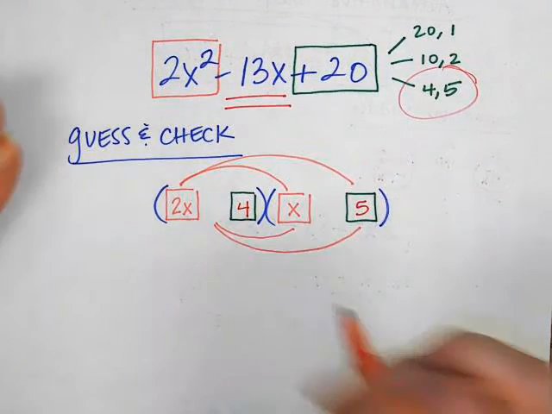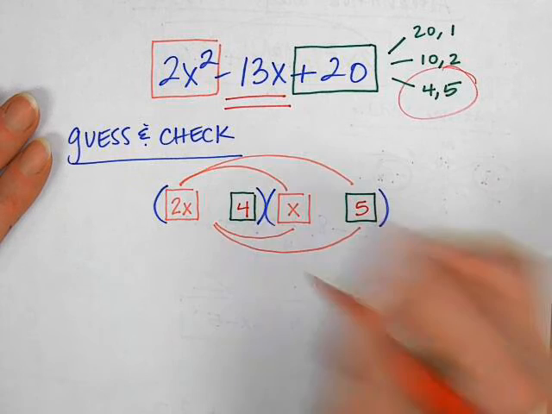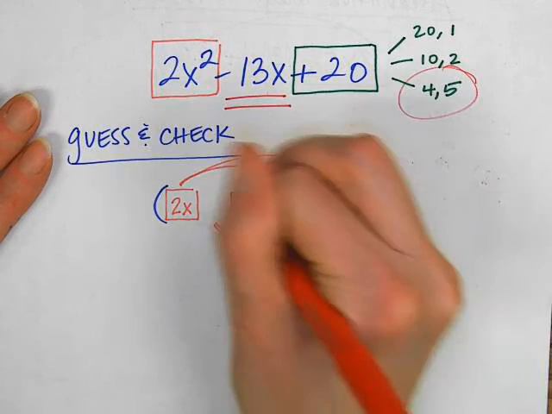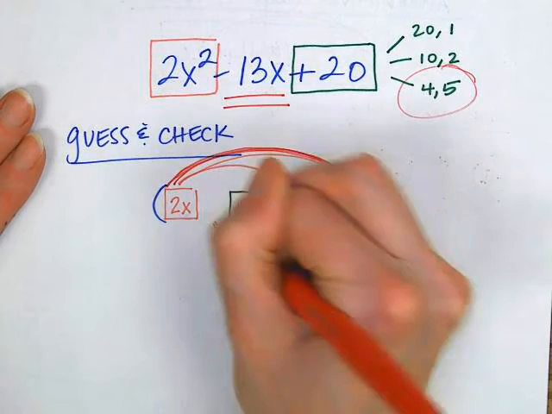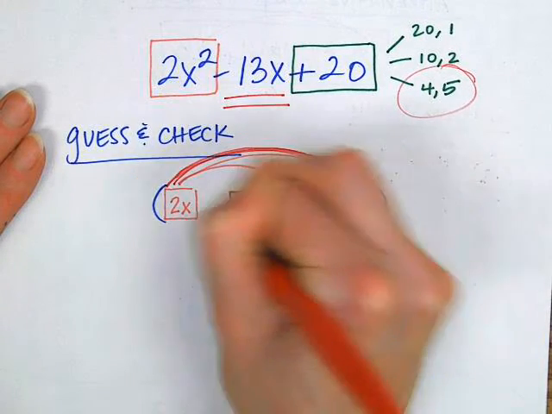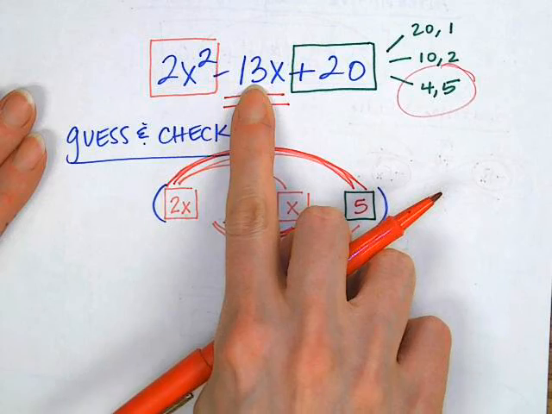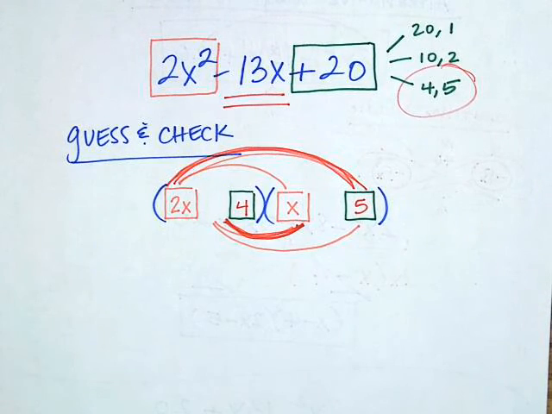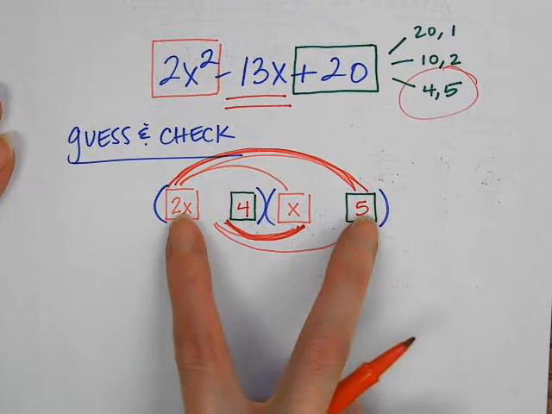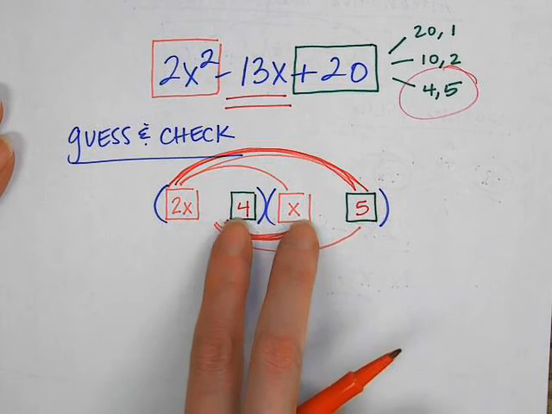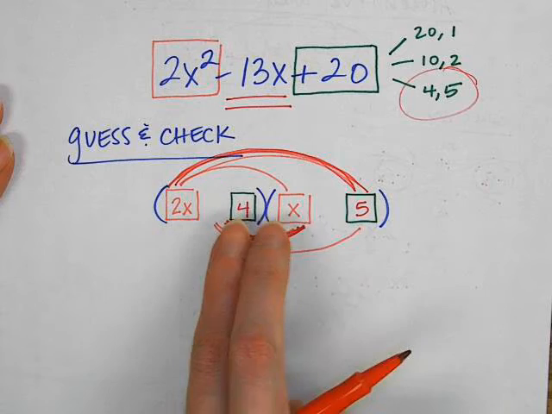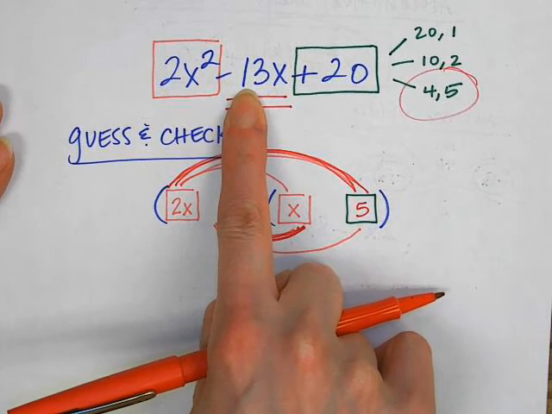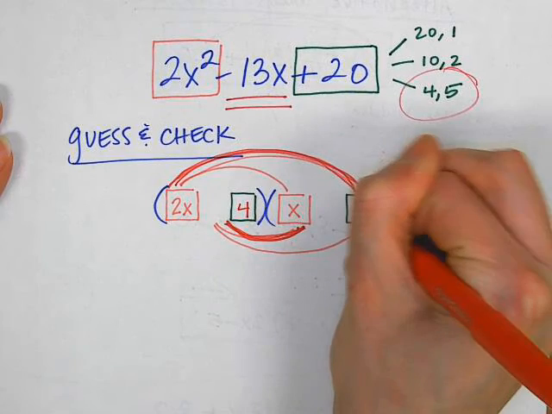So we have to check the inners and the outers. These have to add to negative 13. So 2 times 5 is 10, and 4 times 1 is 4. There's no way that 10 and 4 are going to add to 13. So it's not 4 and 5.